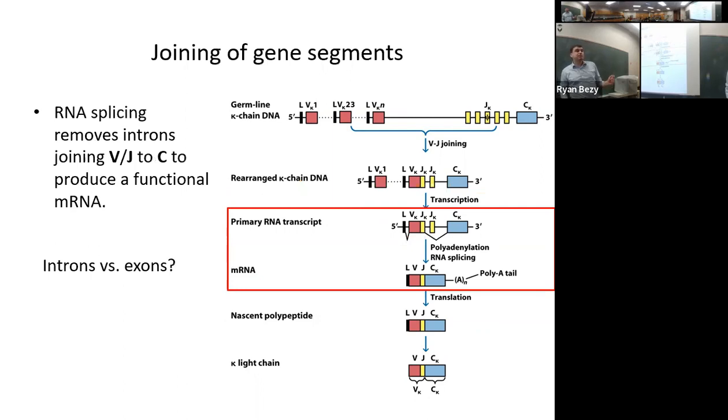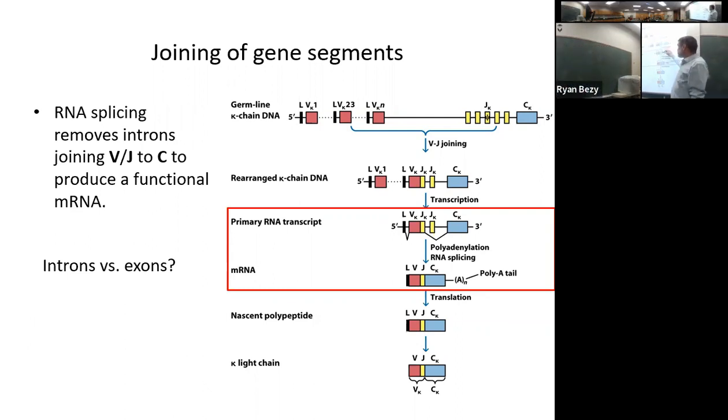And the RNA splicing will remove introns, but it also will cut here and here in the RNA and bring together by RNA processing VJ and the C segment. So now I have an uninterrupted final messenger RNA coding sequence.